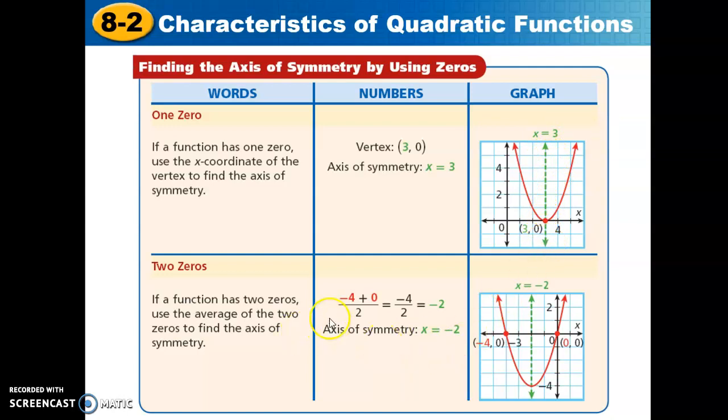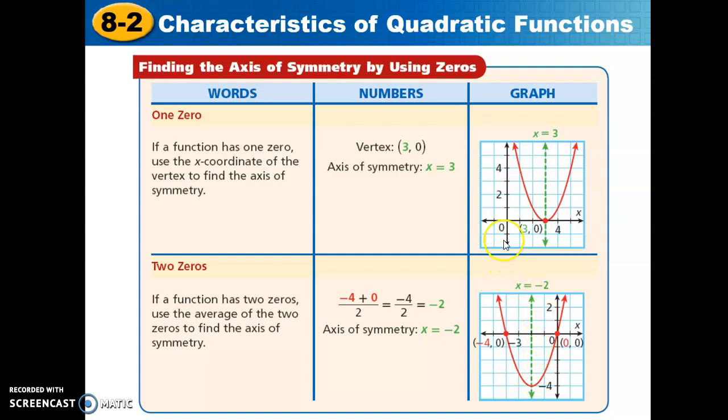Okay, now if you have two zeros, it's a little bit more complicated. Again, like our example showed us, with two zeros we pass through the x-axis at two different points. So now what we have to figure out is what's the average? What's the distance from the middle? Our vertex is -4.